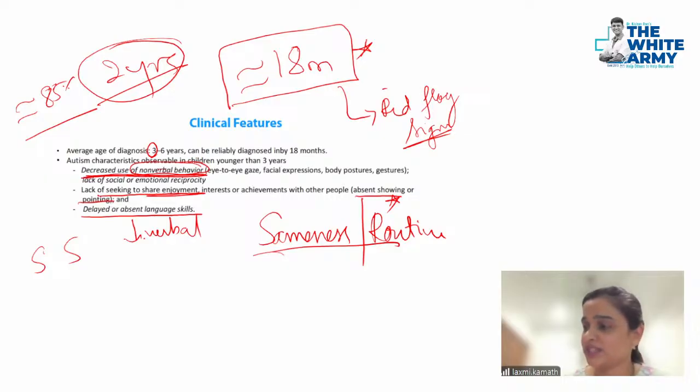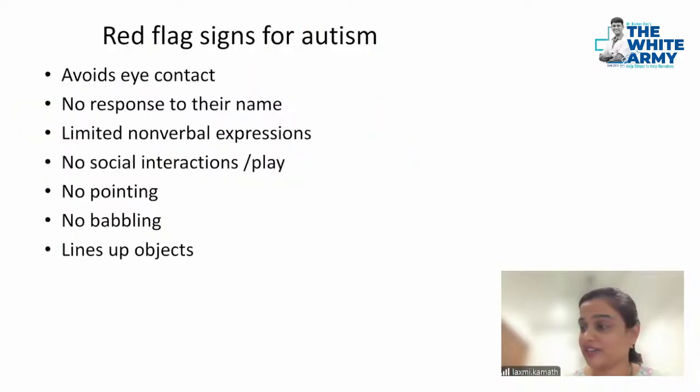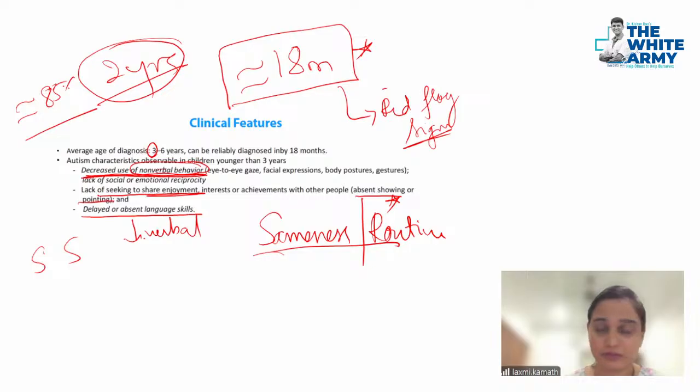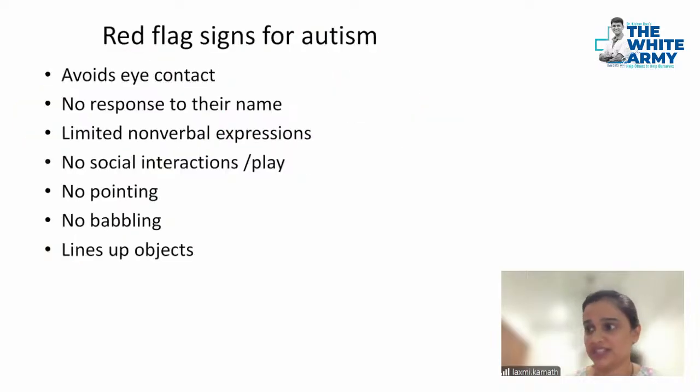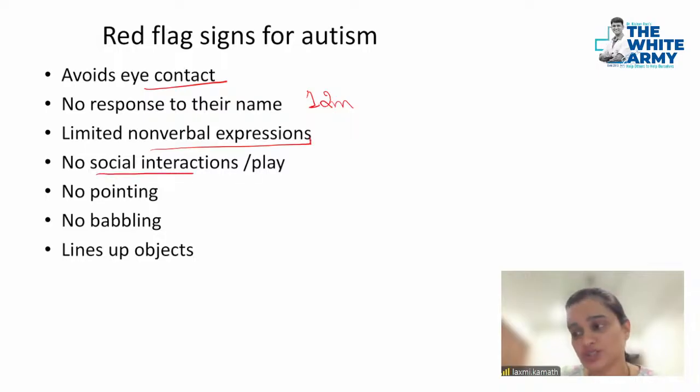Once they cross 2 years, they start having repetitive behaviors also. So these are the red flag signs specifically for autism. They avoid eye contact. They give no response to their name by 1 year. They have limited non-verbal expressions. That means they avoid eye contact and are engrossed in their own work. They have no social interaction or play. They don't show any objects.